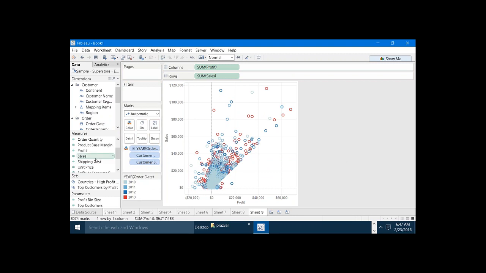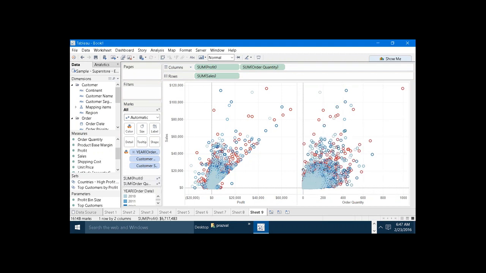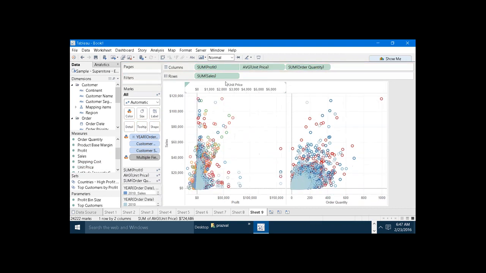Let me take one more measure here, order quantity. Now let me take one more measure, unit price. So now we're comparing, let me remove order quantity.